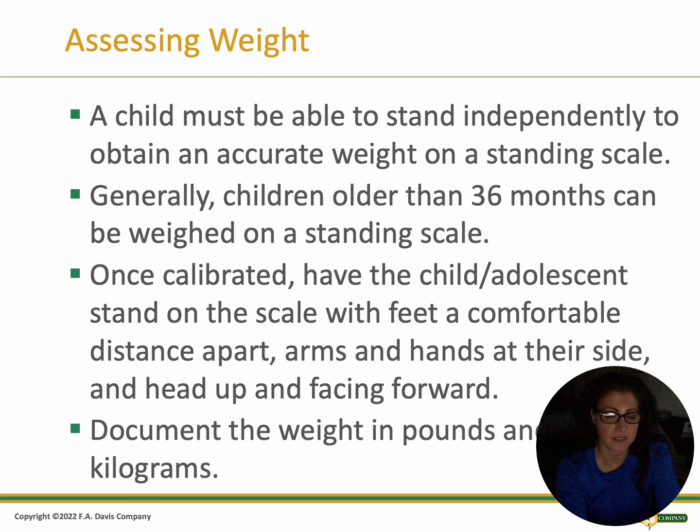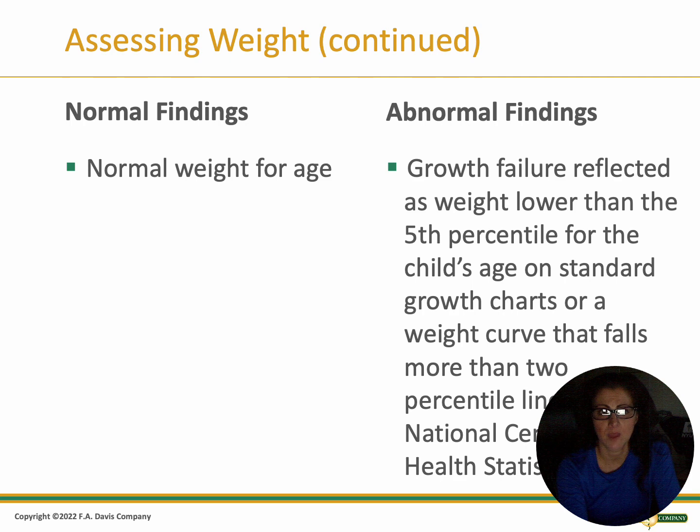Any child less than that can be placed on a tabletop scale. And they should follow the trend, normal weight in a child. Anything that is lower than the 5th percentile for that child's age, or greater, could indicate an issue with their weight, diet, and we might also look for other comorbidities.